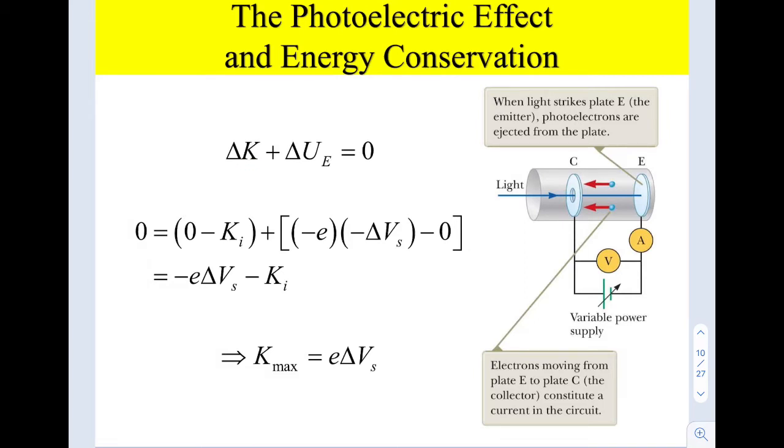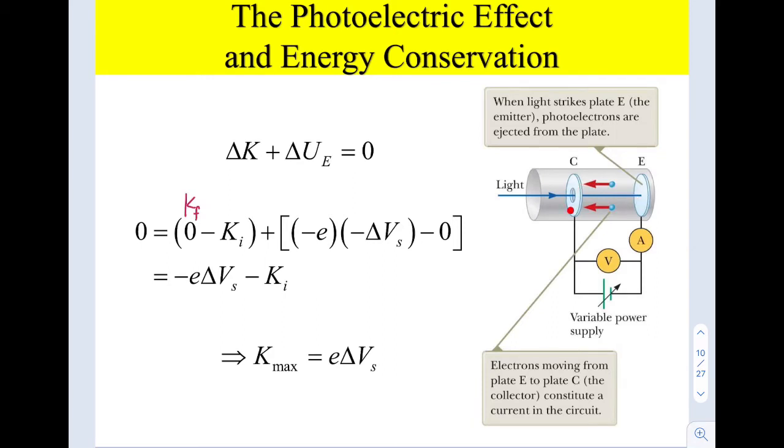So the change in kinetic energy means kinetic energy final minus kinetic energy initial. And the kinetic energy final is equivalent to 0 because finally the photoelectron is going to be stopped.